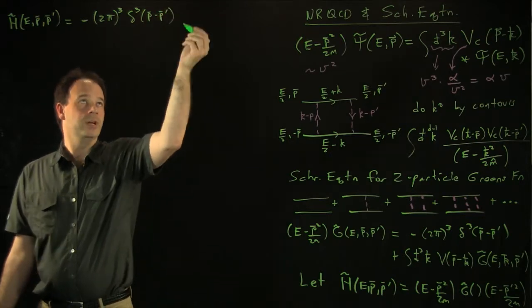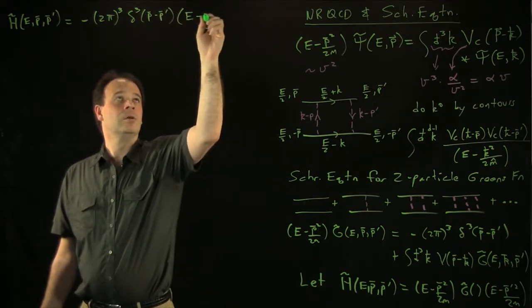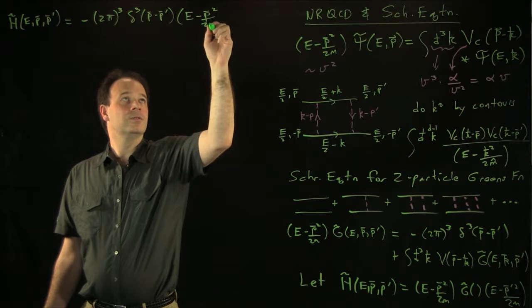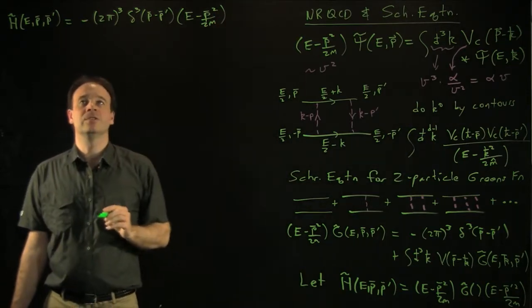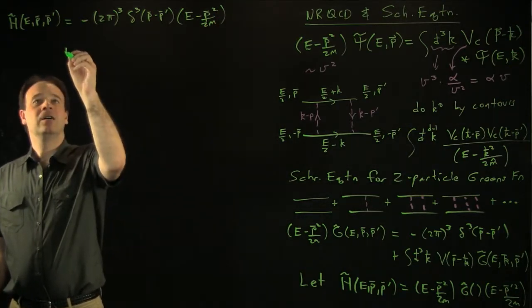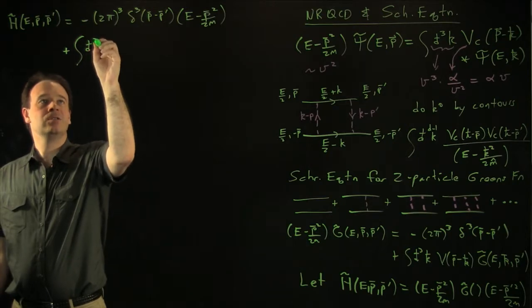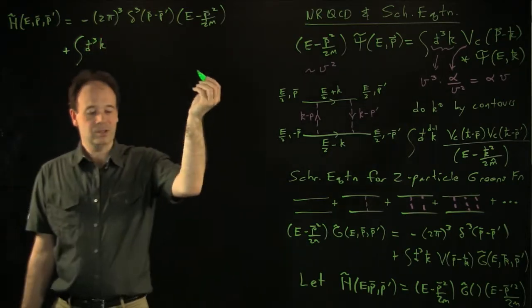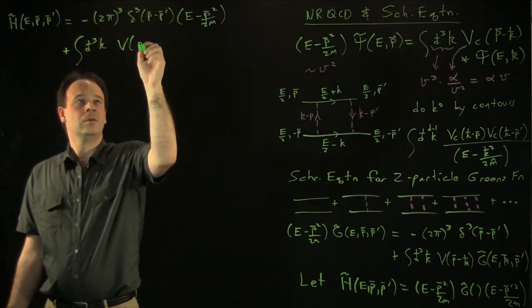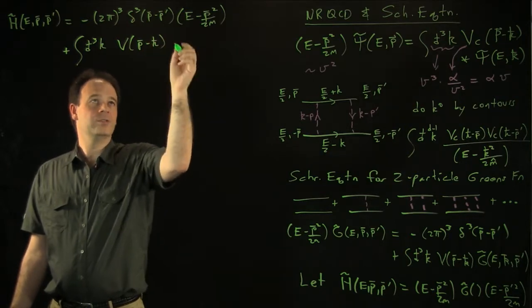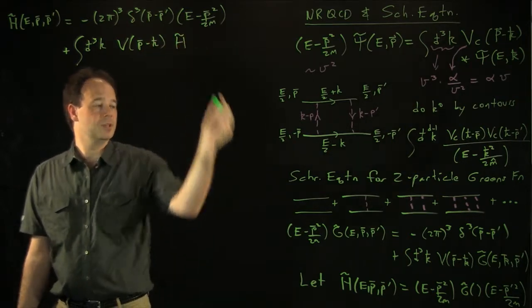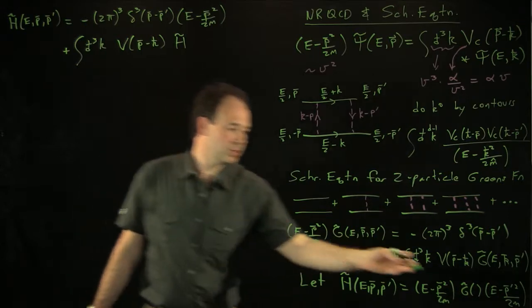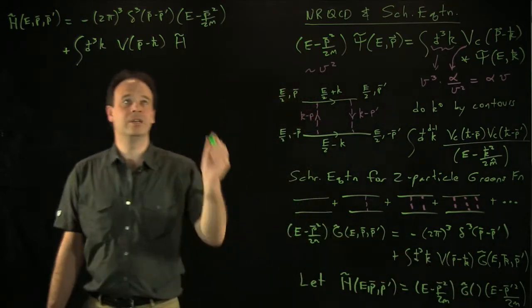So H will appear on the right-hand side here. The source term, the delta function term, becomes that. And now, because of this change, when we write things in terms of H, the propagators are now showing up downstairs instead of upstairs, because we've switched from a G to an H, so you get extra propagators downstairs.